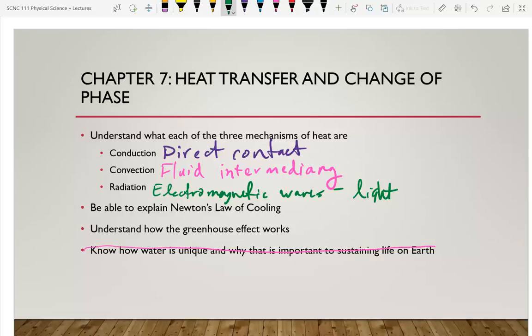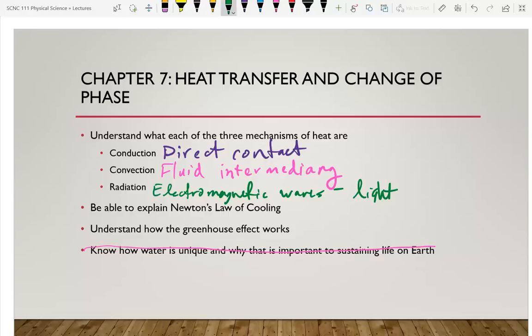And then finally, understand how the greenhouse effect works. It's something that's been big in the news for the last probably 20 years, and so it's important to understand this greenhouse effect. What would happen on Earth if there was no greenhouse effect? There wouldn't be life because we'd be popsicles. We'd all be frozen. That's one of your homework questions.